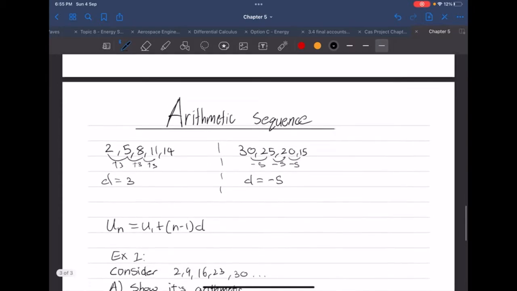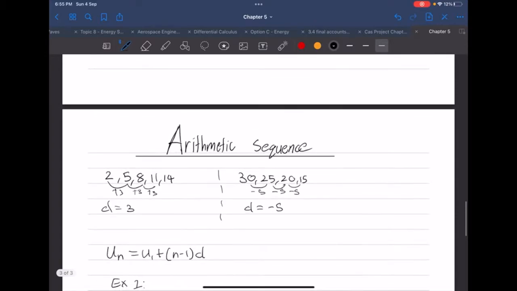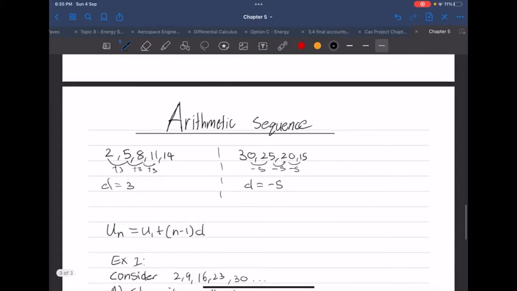There's a general formula for the arithmetic sequence, and that is un equals u1 plus (n minus 1)d, where d is the common difference, like we discussed, where it increases or decreases by the same amount.